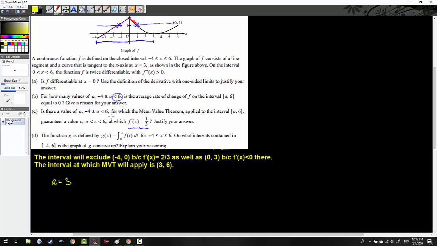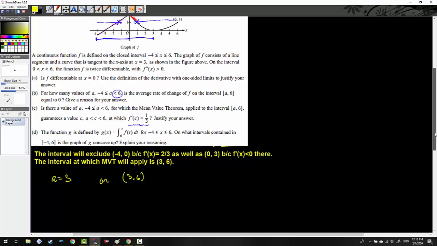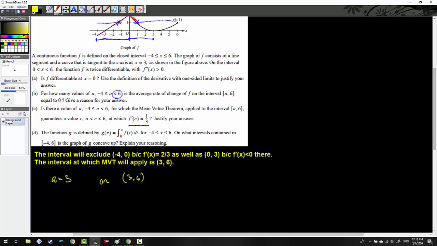So on the interval 3 to 6, can we apply MVT and find a slope of 1/3? Let's justify our answer. Let's go and find the average rate of change right there. The average rate of change is f of 6 minus f of 3 over 6 minus 3. Well, that's 1 minus 0 over 3, which is 1/3.